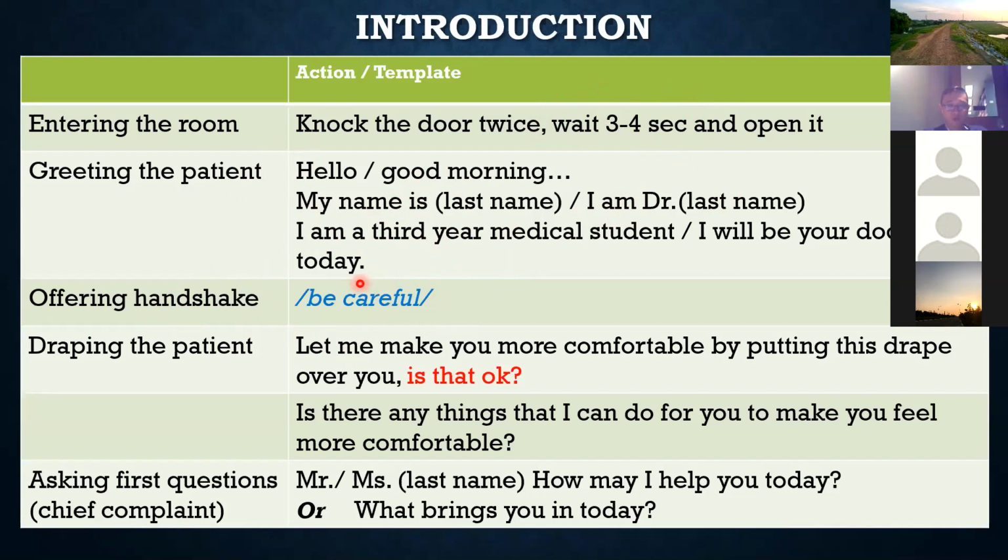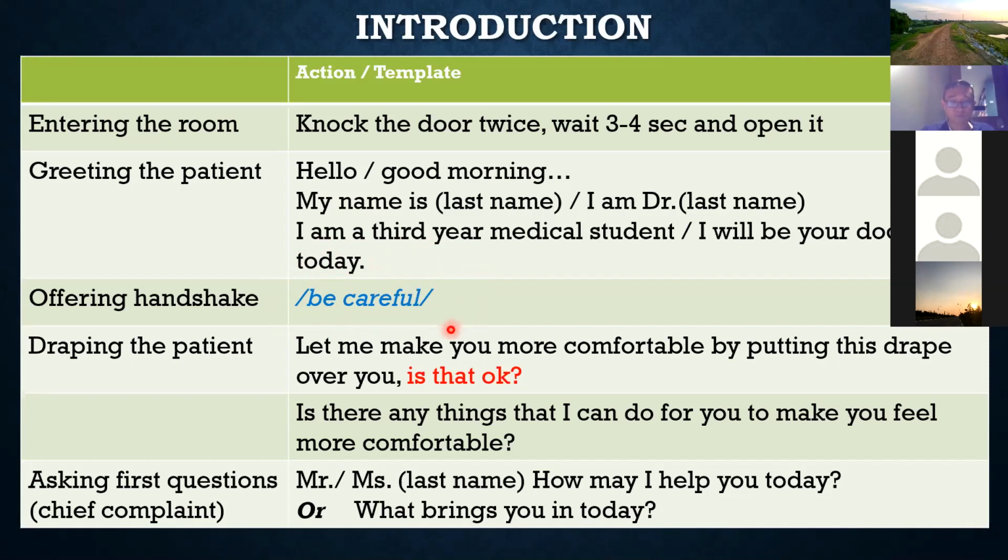And offering a handshake, why do I put it? Be careful here, because sometimes you may have a patient who has left side or right side weakness, and the patient cannot shake hands, right? So be careful. If you notice that the patient may have weakness, don't offer the handshake.